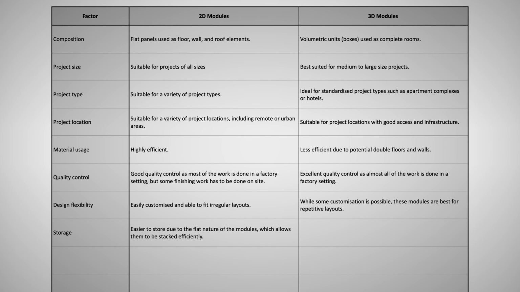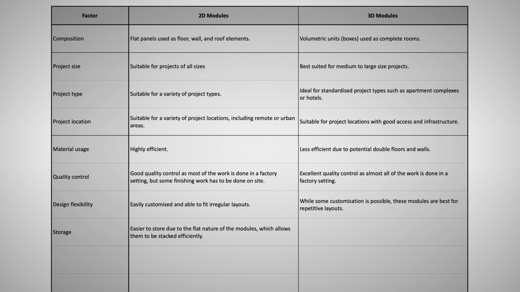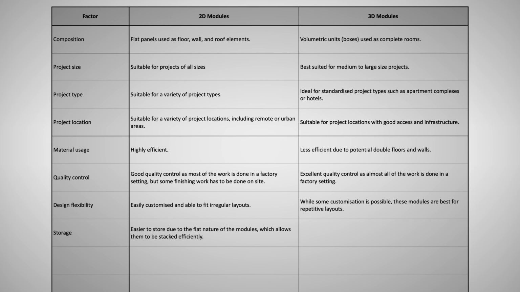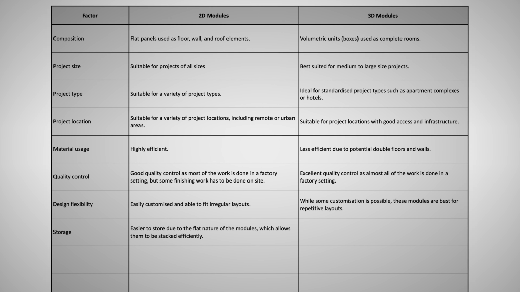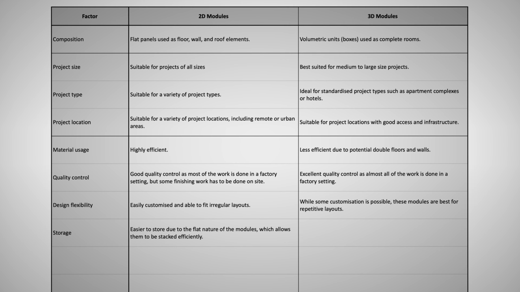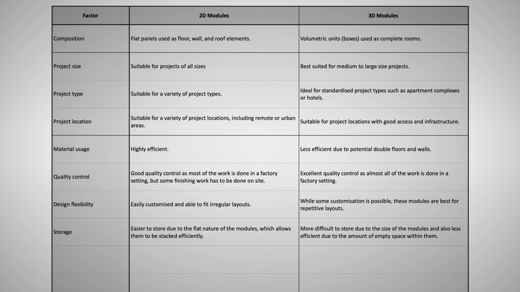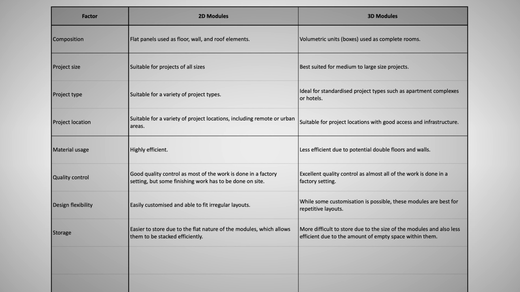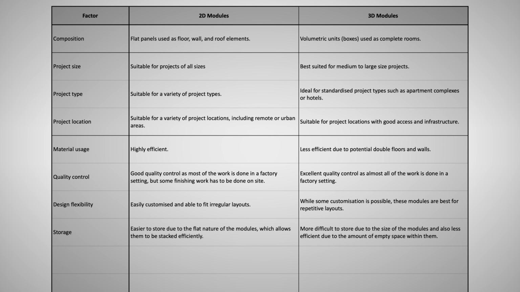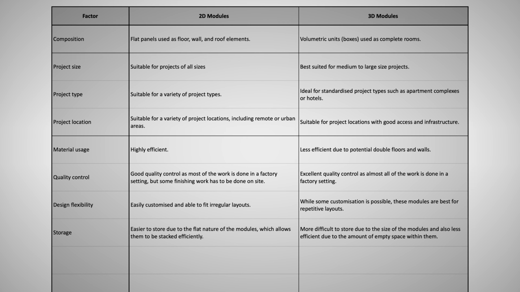Moving on to storage, 2D modules have a clear advantage due to their flat nature, which allows for compact stacking and efficient use of storage space. In comparison, 3D modules require significantly more storage space because of their larger, volumetric design, which includes empty spaces within.